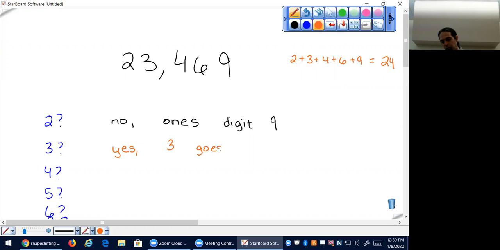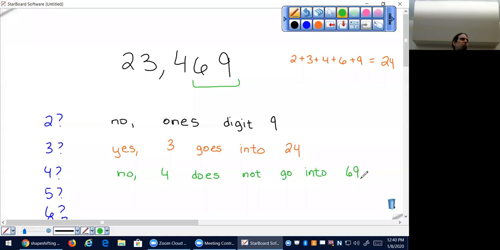Three is a factor of 24, so it's a factor of the other big number too. For 4, I just look at these 2 here. Does 4 go into 69? No. 69 is odd, and 4 never goes into an odd number.